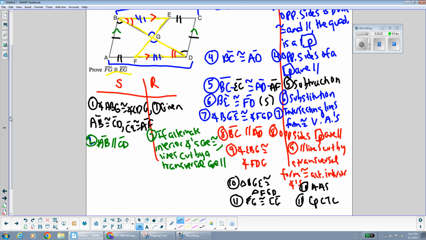So here was an A, my vertical angles, and then those alternate interior angles were the other A that I need for AAS. And so I have everything I need for AAS. So I said that the triangles were congruent by AAS. And then it was one more step to prove the proof statement using CPCTC. Because once we know the triangles are congruent, their corresponding sides are also congruent due to CPCTC. And that's the whole proof.